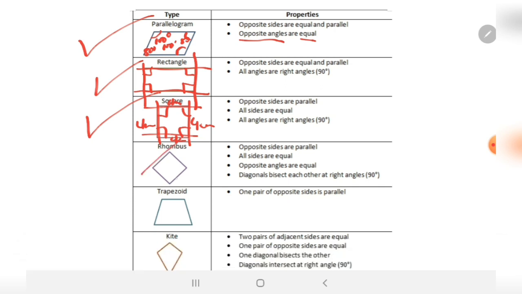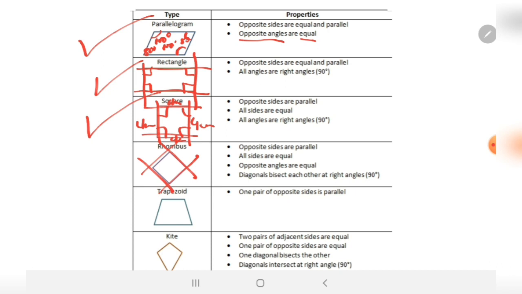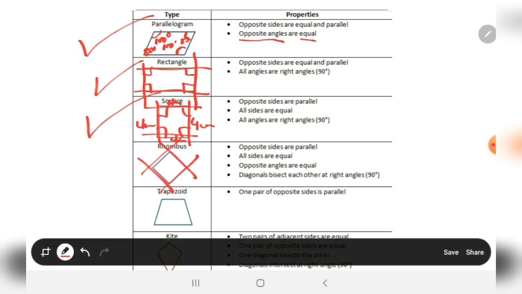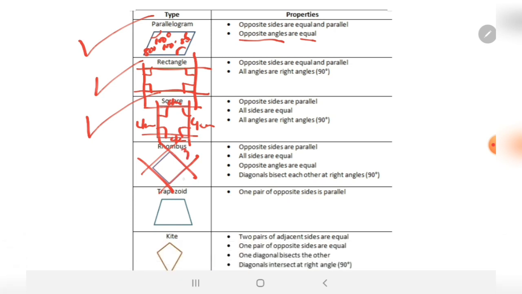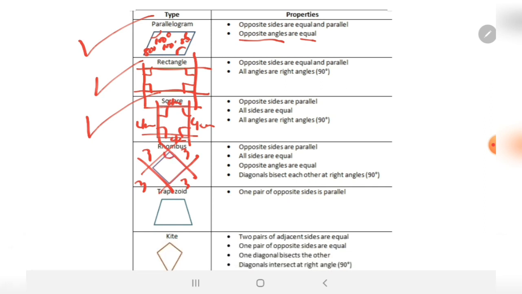Next, rhombus. Rhombus, opposite sides are parallel. In here, they are parallel, and in here also parallel. Next, all sides are equal. For example, this is 3, then this would be 3. All sides are equal. Next, opposite angles are equal.